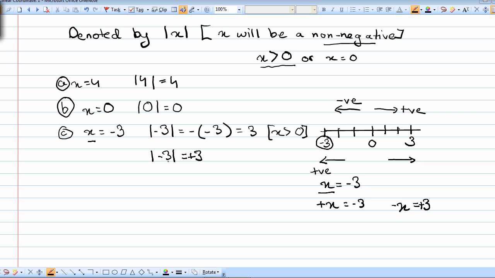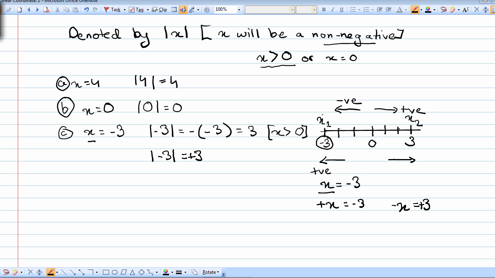There are 10 rules that we must remember, and there is one other point about how we can determine the distance between one x and the other x. Just like if we consider this to be x1 and we consider this to be x2, then we have a formula to determine the distance between these 2 points.